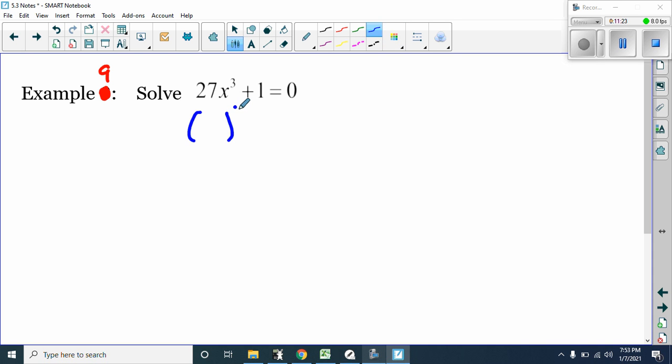So 27x cubed, I'm going to write as 3x all cubed, and 1 is 1 cubed. So my factors, first one, same sign, second one, 3x plus 1. Second factor is the first one squared, different sign, 3x times 1, plus last one squared.